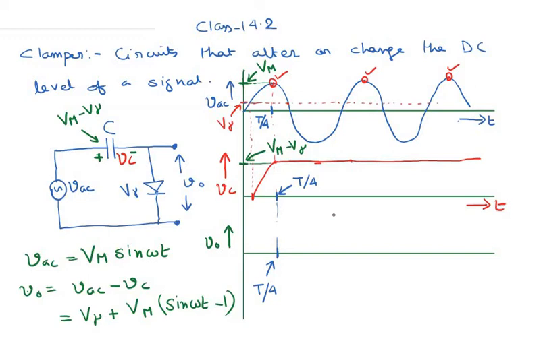So I'll draw in a different color. So we have our output like this. It's slightly difficult to draw an exact sinusoid over here.